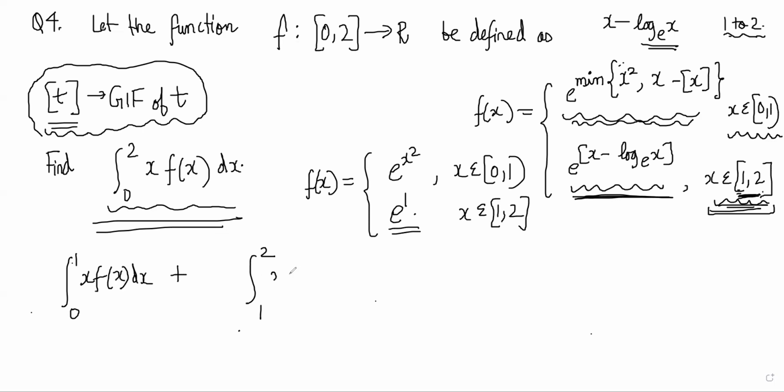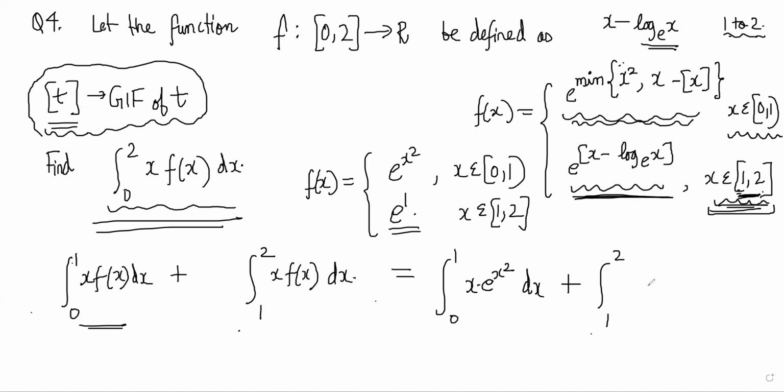I am splitting the integral like this, right? So what are we getting? From 0 to 1, this integral is x times e power x square dx. And from 1 to 2, this is x times e dx, right? This is a simple integral. I don't see the problem here.